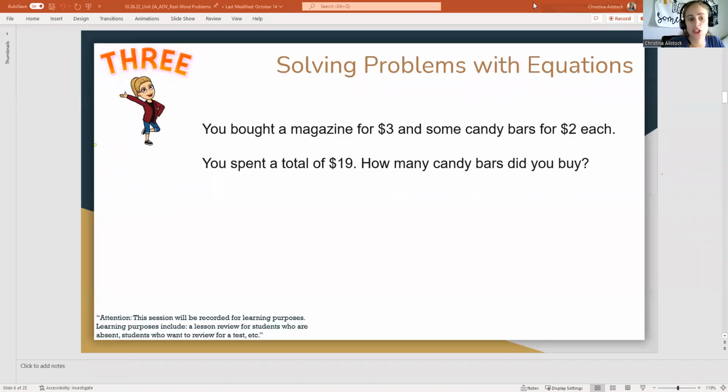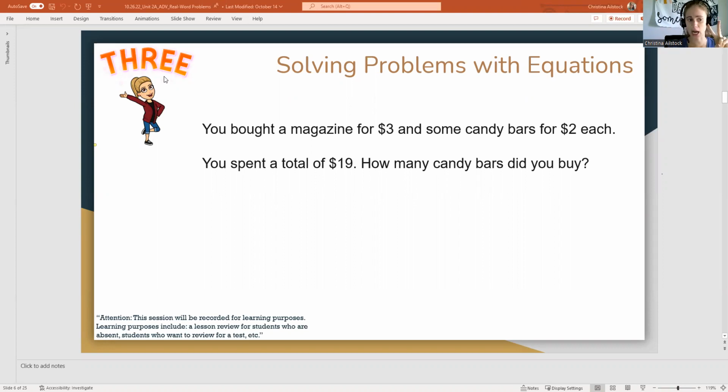Something that I like to do whenever I get to word problems is I like to read it 3 times. The reason for that is whether it's a word problem or just a regular problem, but the directions are a little lengthy, the reason I read it 3 times is the first time is just a quick read through to kind of get the gist, get a little overview.